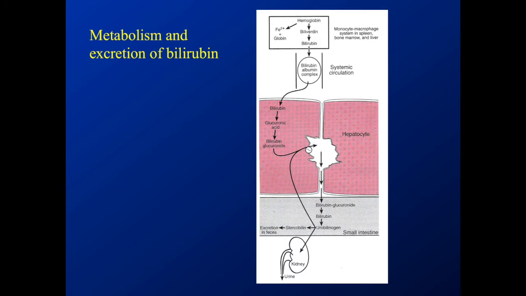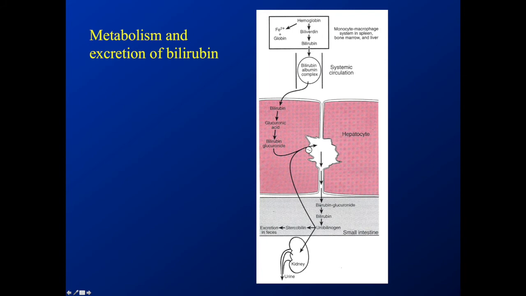This is more detail of that metabolism of bilirubin. So once you get the breakdown of hemoglobin, you have biliverdin that becomes bilirubin, and then this is transported through the blood bound to albumin, and then it's taken up by the hepatocytes and conjugated, and then passed out into the small intestine.